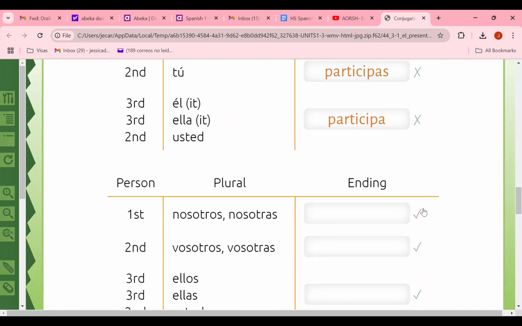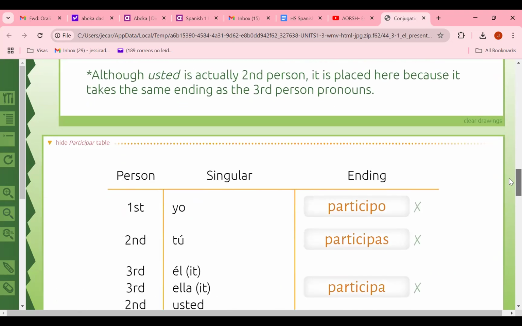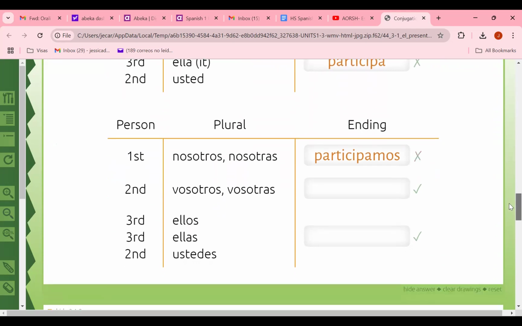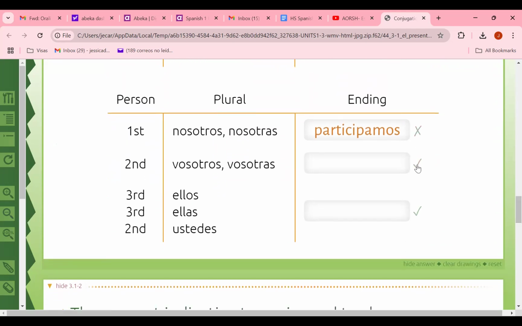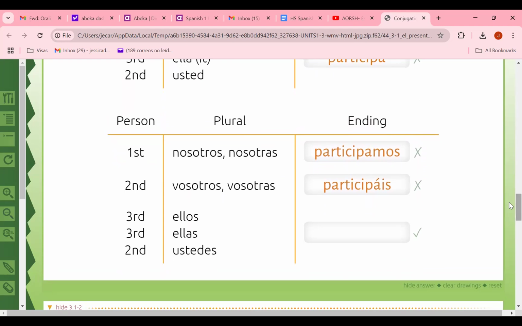Okay, now for nosotros, according to our table, we have to finish in amos. So we get rid of the AR in participar and we switch it to amos. So now we have nosotros participamos or nosotras participamos. Now for vosotros, according to the table, it changes to AIS and it's participáis.